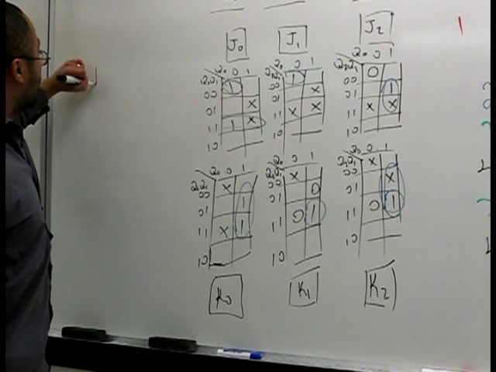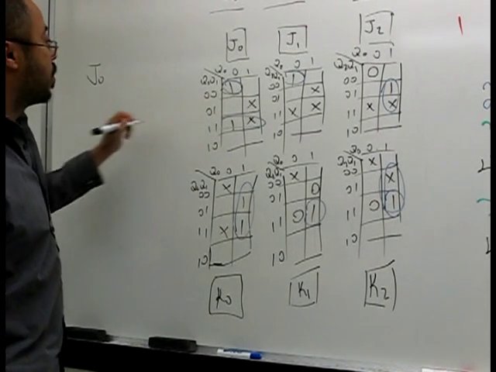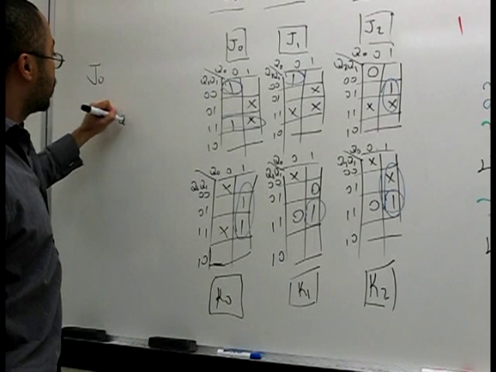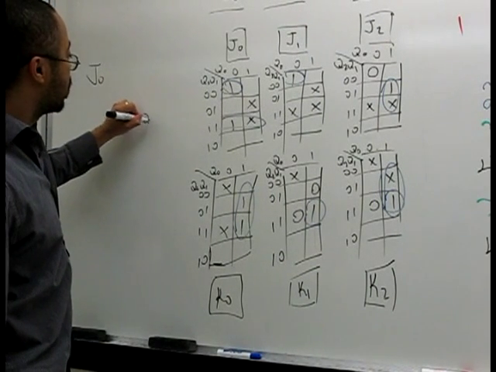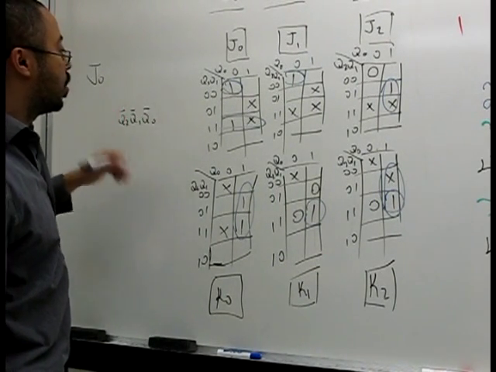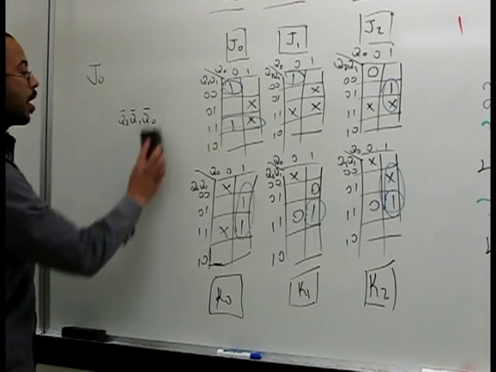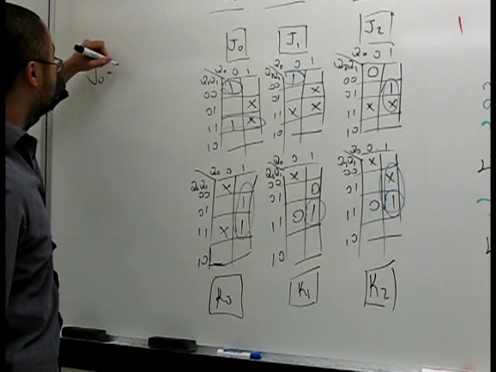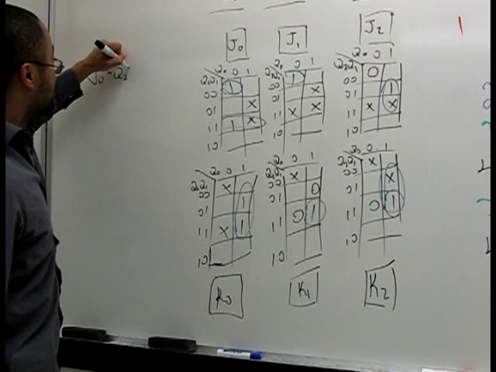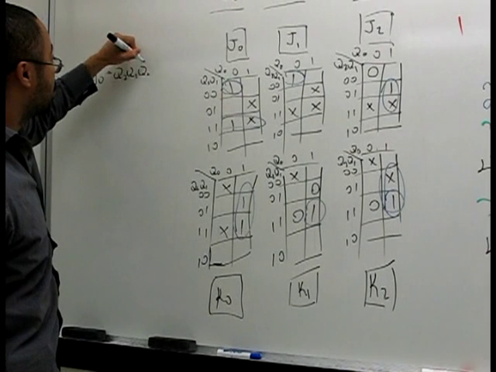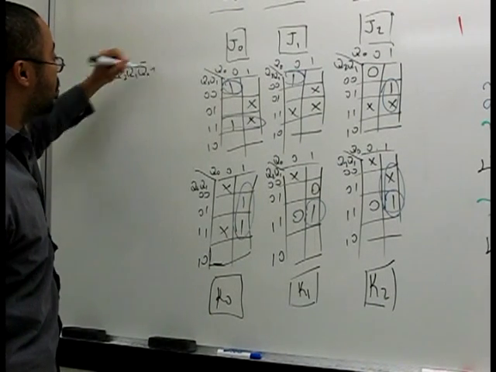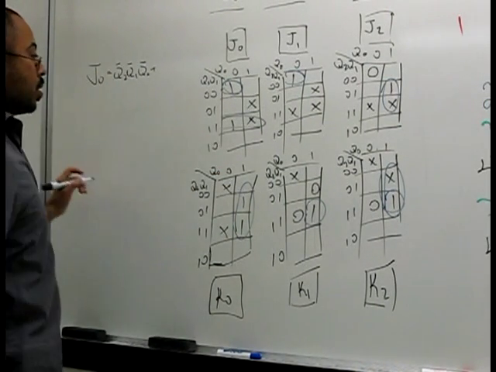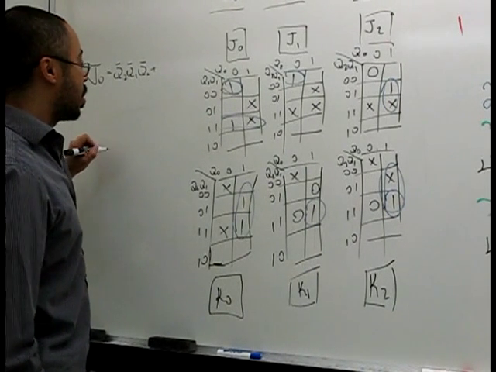J0 logic. We've got Q2, Q1, Q0. That's going to go straight up there. We have to have that handed into J0 because that's a group by itself. So J0 is going to equal Q2 not, Q1, Q0 not, ANDed together, plus, let's see what this expression is.